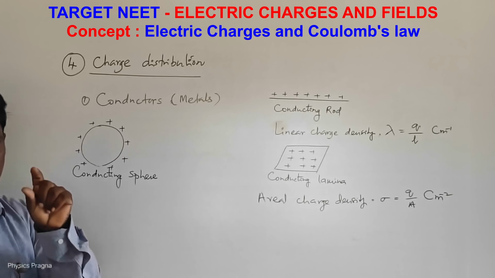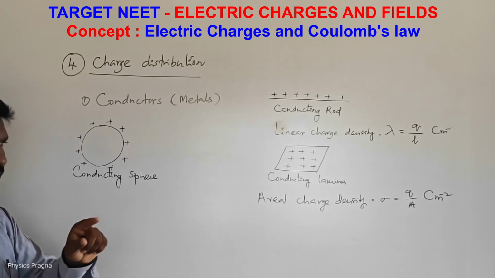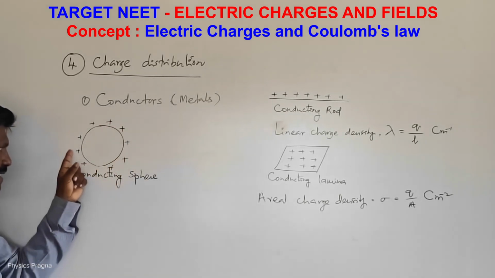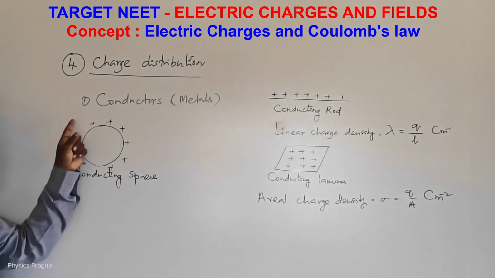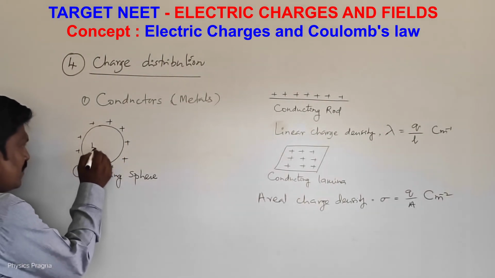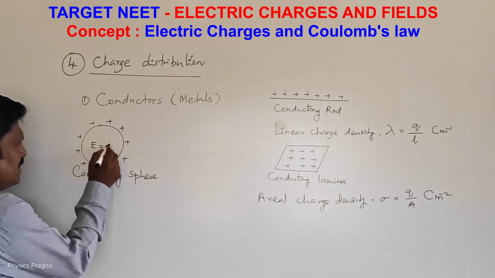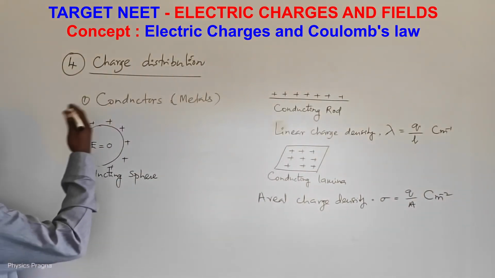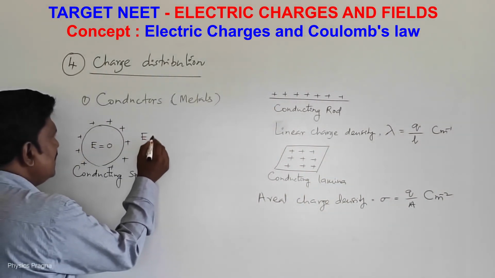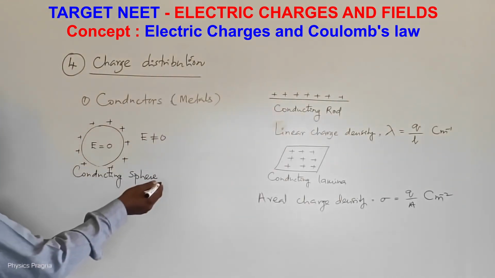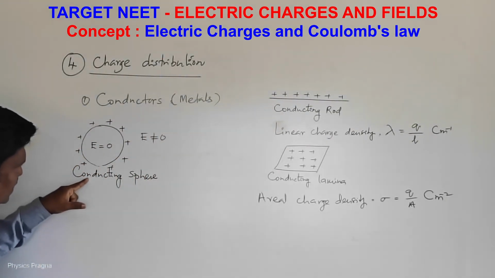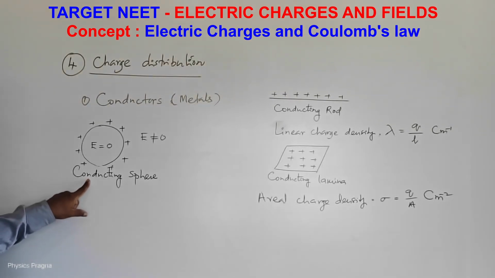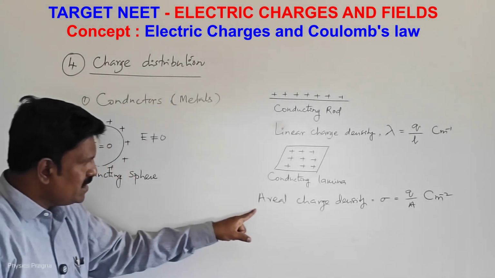Always, if you give a charge to a conductor, the charge resides on the surface of the conductor. As the charge is residing outside the body, inside the body the electric field is 0. Outside the body, the electric field is not 0, because charges are there. So even though this body is a three-dimensional body, we calculate only the areal charge density.